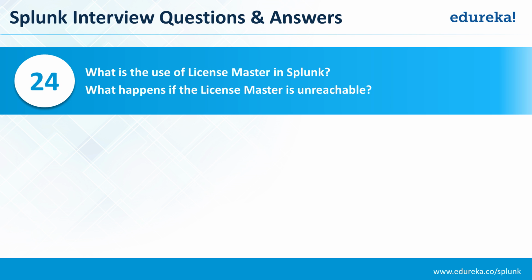What's the use of a license master? A master is a master, so it is important, of course. From the license perspective, it is important in making sure that the environment is within the limits of the purchased volume. Splunk license is based on the data volume that comes to the platform within a 24-hour window, the peak data volume.